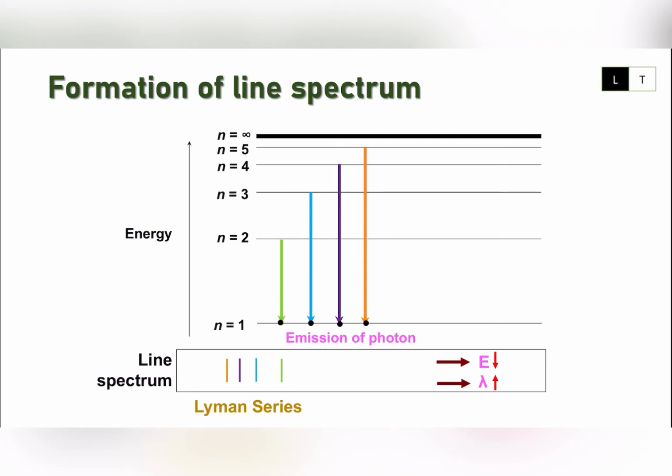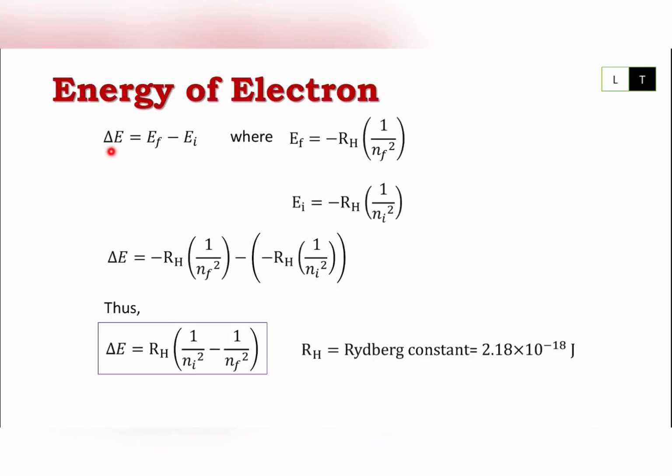I'm going to introduce one formula that you can use to calculate the energy difference, delta E. This is the formula for energy difference that we can use based on a specific transition. Here, E_f is the higher energy level and E_i is the lower energy level, and I put in the formula for the specific energy level of that electron based on their initial and final levels.